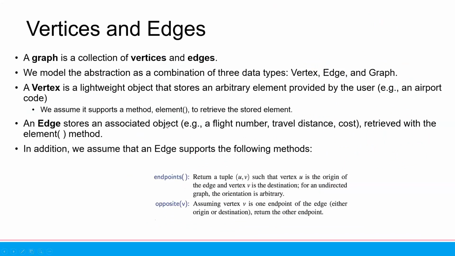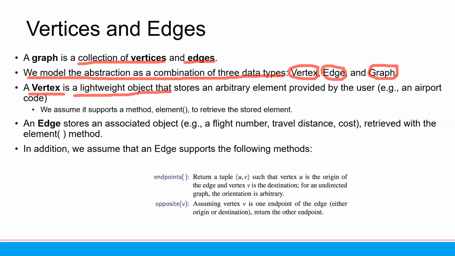So the vertices and edges are the main components of the graph. A graph is a collection of vertices and edges, and we model the abstraction as a combination of 3 data types: vertex, edge, and graph. A vertex is a lightweight object that stores an arbitrary element provided by the user.